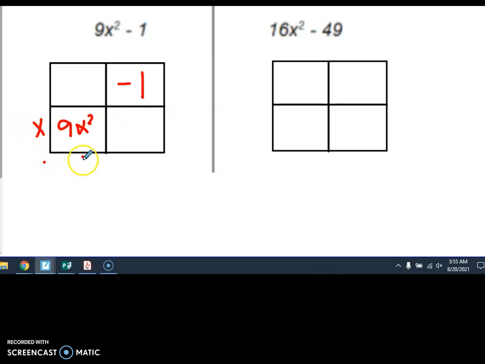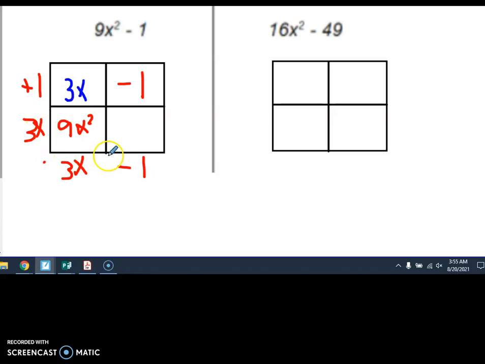So x times x is going to give me the x squared, and 3 times the 3 is going to give me the 9. To get the negative 1, that means one of the factors is going to be a positive 1, and the other one will be a negative 1. So if I take 1 times 3x, I'm going to get a 3x here.